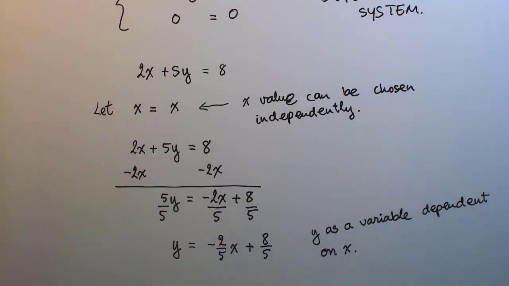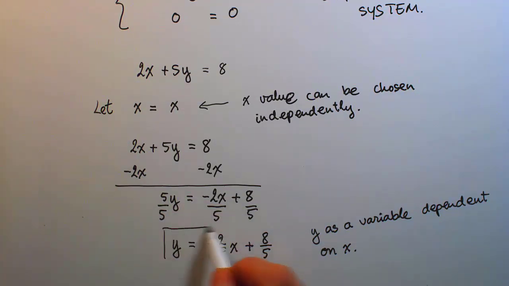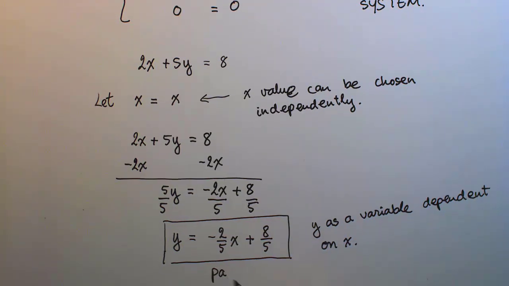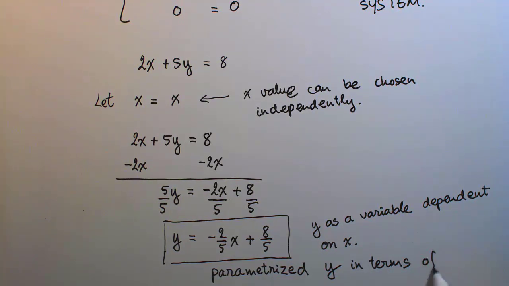This is our solution to the dependent system, and that's why it's called a dependent system: one variable is dependent on the other. And here's how we parameterize y in terms of x.